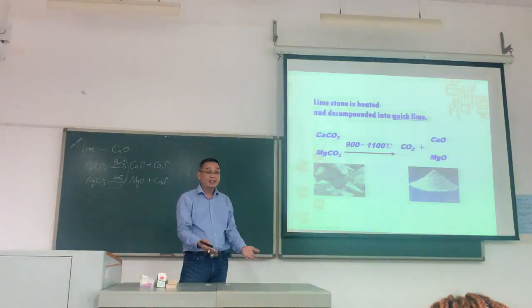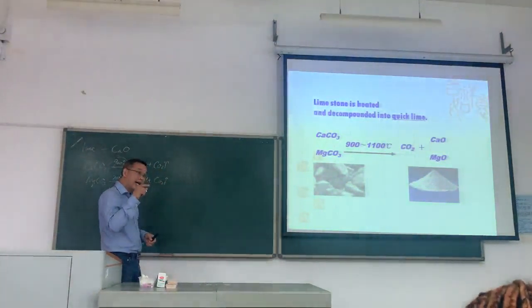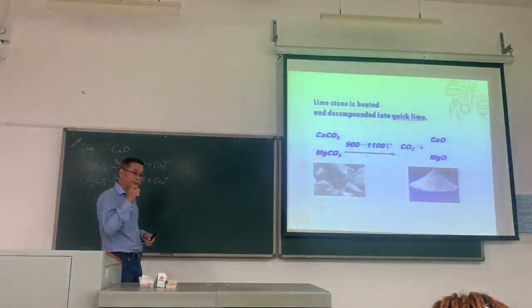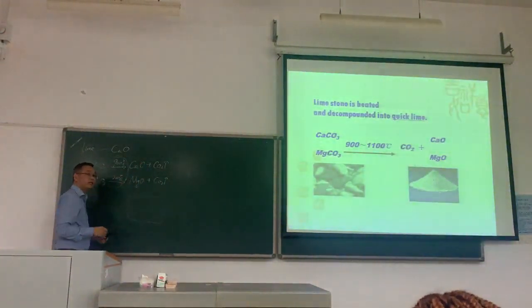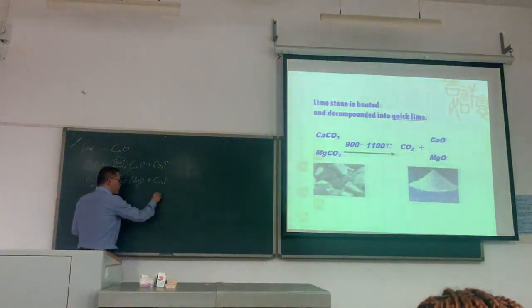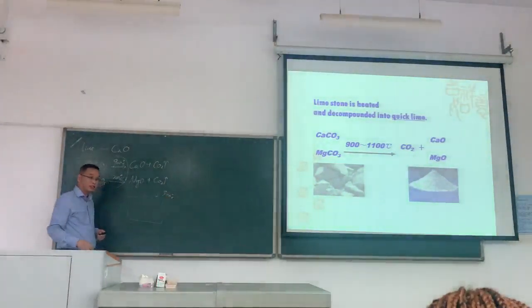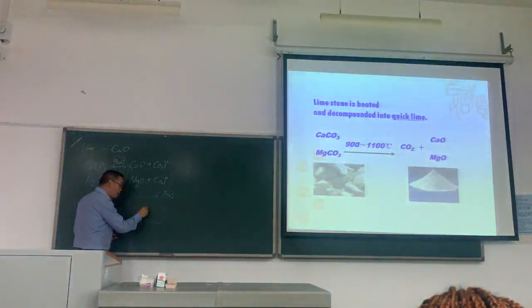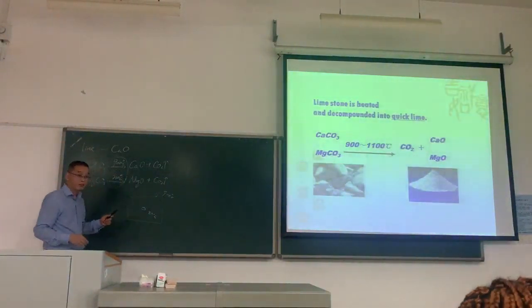If we decide the heating temperature is 900 centigrade, at the surface of the limestone maybe it is 900, but at the core maybe it is just 800.